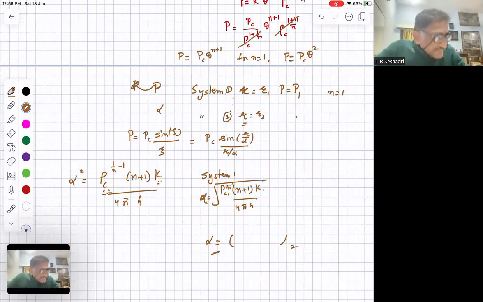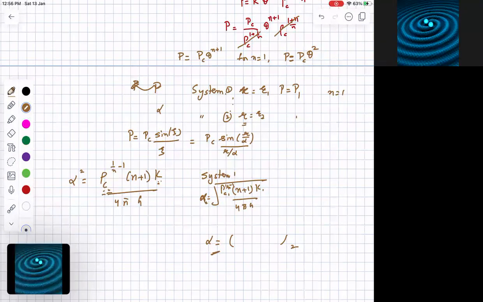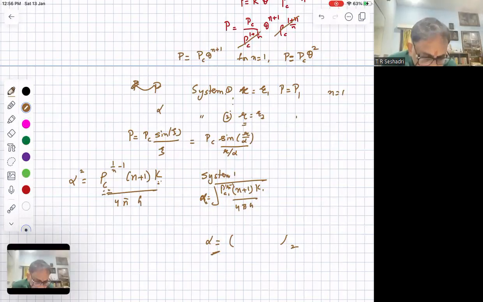So one thing is that you know that in the central region, the temperature is governed by fusion temperature, which is around 10 to the power 7 Kelvin. Since it is an ideal gas, you know the pressure density relationship for the center.